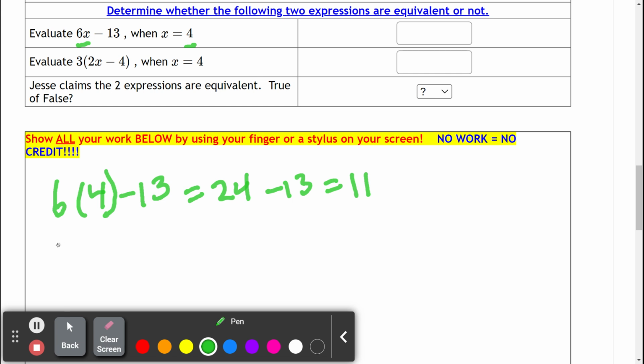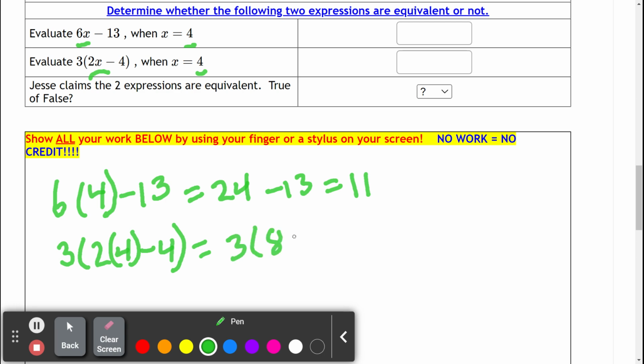Okay. And then the other one is going to be 3. And then looking at this here, 2x, 2 times x, which x is 4. So that's going to be 2 times 4 minus 4. So that's equal to 3 times 8 minus 4, which is 3 times 4, which is 12.